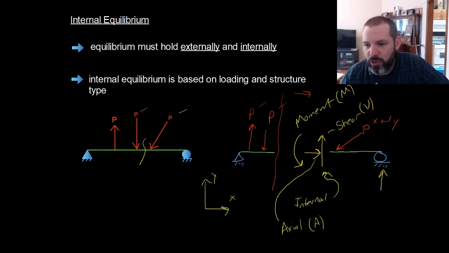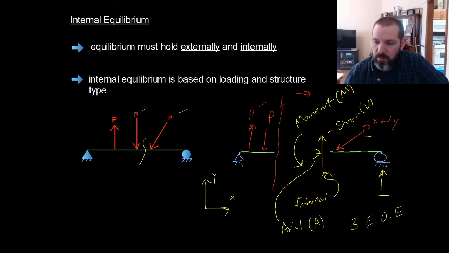Now, these internal forces, shear and axial, and the internal moment have to be equal to the externally applied loads and the supports. There has to be equilibrium between the internal forces and the external forces. When we make a section cut, we reveal those internal forces, and we can use our three equations of equilibrium to evaluate those forces.